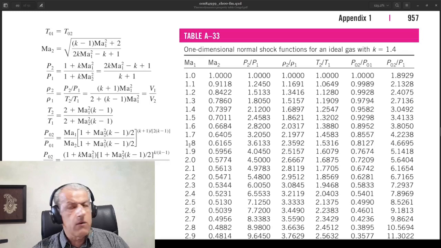Now, our shock wave occurs at 1.8, and therefore the Mach number after the shock is 0.6165. The static pressure ratio is 3.6. Density ratio is 2.3. Static temperature ratio is 1.5316, and the total pressure ratio is 0.8127.